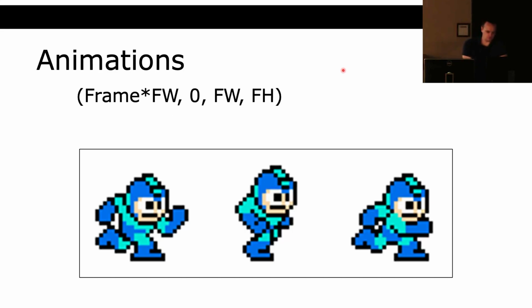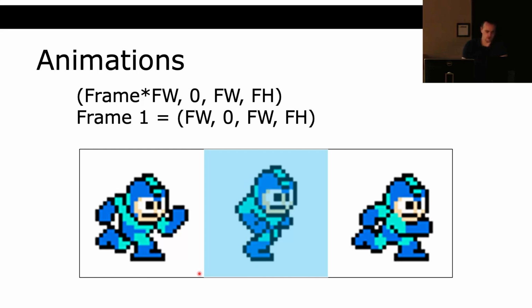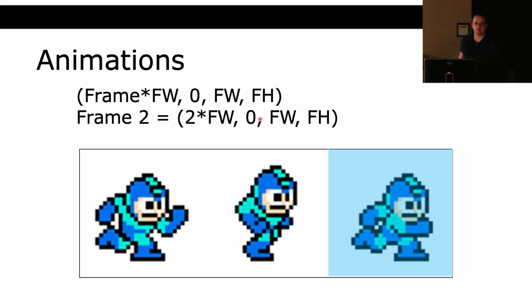So the first frame, frame 0, is going to be 0 times fw, which of course is 0, and then 0 again for the y. So it starts at 0, 0, which is the top left corner of the image, right? And then frame width and frame height. So 0, 0, frame width, frame height. Frame 1 is going to be 1 times frame width, which is just frame width, and then 0, frame width and frame height, etc., for every frame of animation, right?